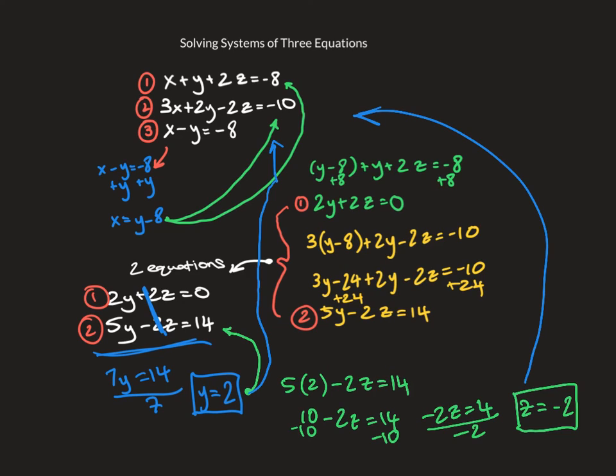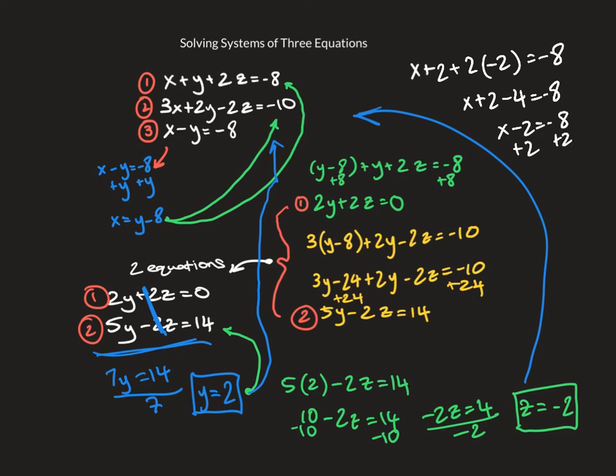So now we've got x plus y, which is 2, and then plus 2 times z, which is negative 2, is equal to negative 8. x plus 2 minus 4 equals negative 8. x minus 2 equals negative 8.